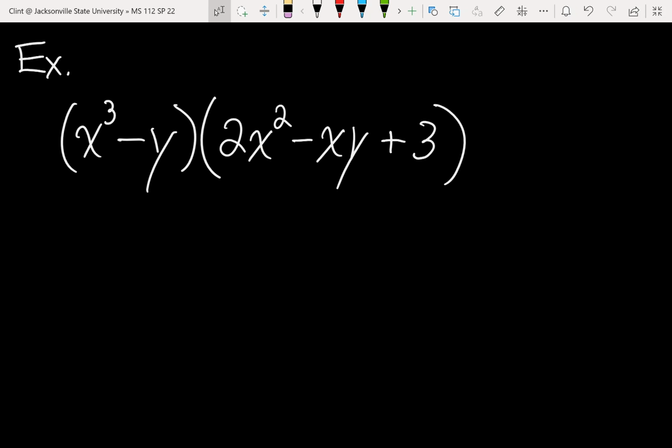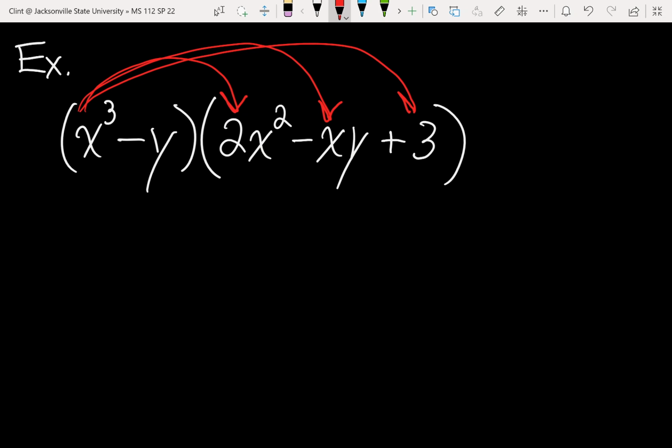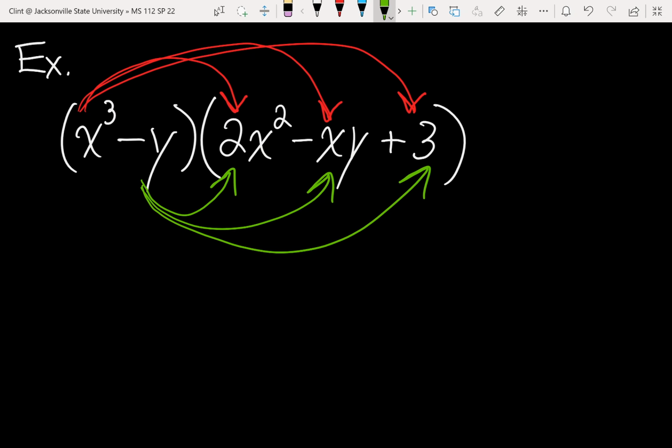So really we're just extending the idea of the FOIL method. What we want to do is take the x cubed term and multiply it by all three terms in the second expression. After that, we'll take the negative y term and multiply it by all three. And we'll see what kind of like terms we have and combine those to clean things up.